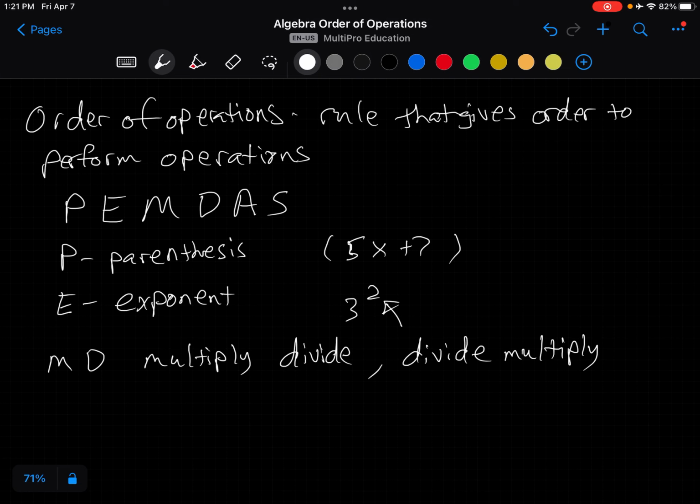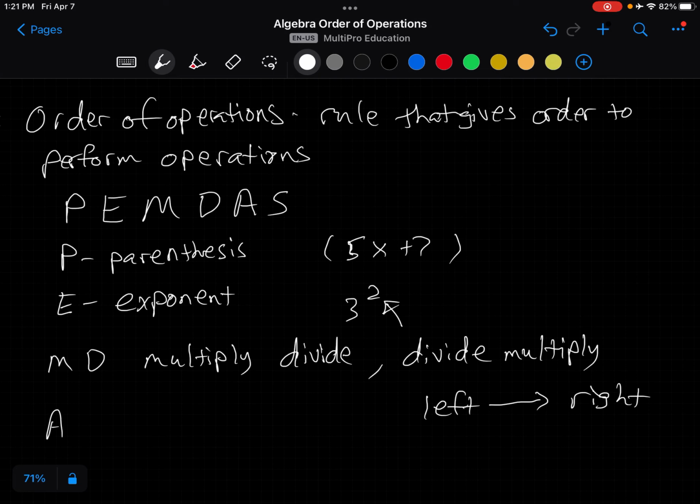It doesn't matter the order, it's just whichever one comes first. When we look at a math problem, we start on the left and go to the right, just like we're reading. So if multiplication happens before division, then you multiply. If division happens on the left side and multiplication's on the right-hand side, then you divide, then multiply.